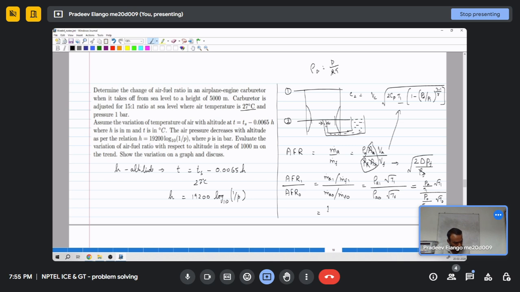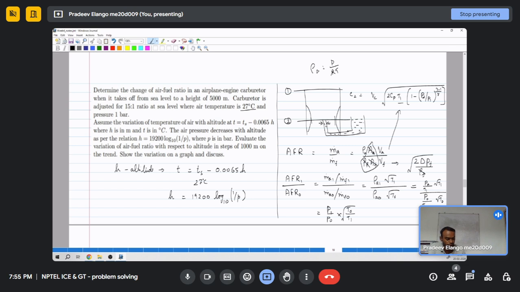Now we will have P1 by P naught into root of T naught by T1. So now we know zero conditions are at sea level. So we know P naught and T naught.